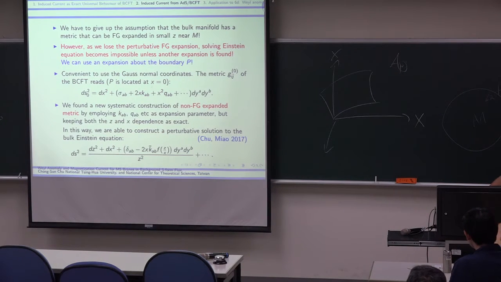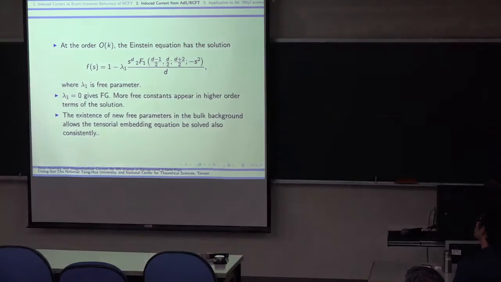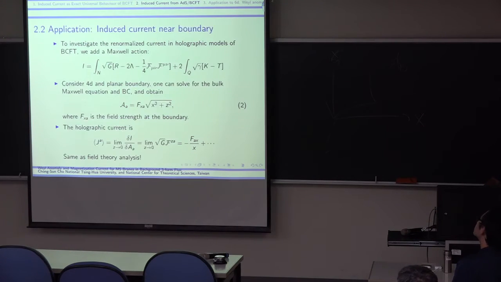So we use this together with the embedding equations, and then we can fix the shape of Q. So now we can do the AdS BCFT. For example, we turn on the standard case, because we are interested in the current.